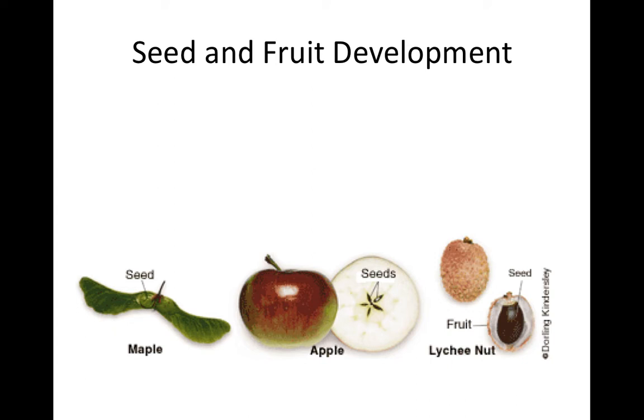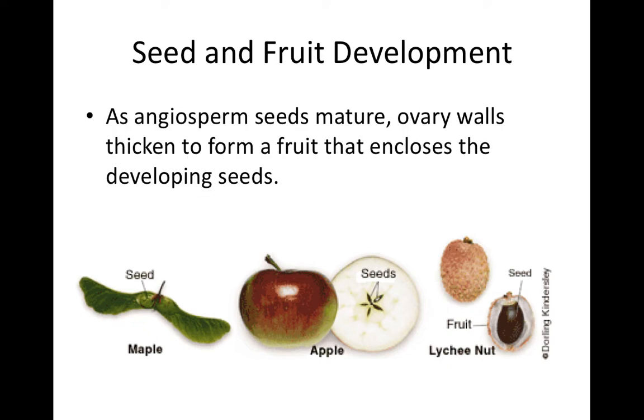Okay, so once fertilization is complete, then the plant is going to kind of redirect nutrients from growing flowers into now building this fruit around this fertilized seed, this growing embryo inside the seed. Okay, and so there's a couple things that happen.